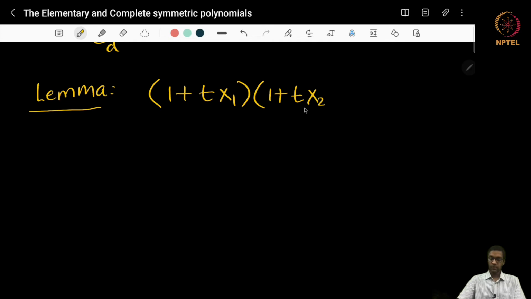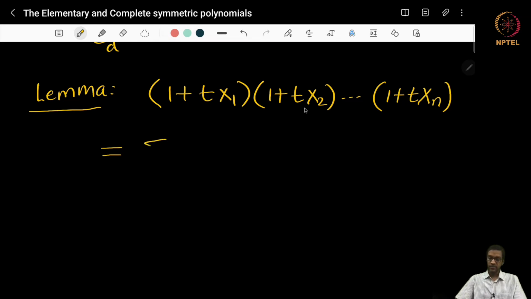It's a compact way of getting all the elementary polynomials in one stroke. It says consider the following product: 1 plus t x1, 1 plus t x2, till 1 plus t xn. Okay, there's one term for each variable, and ask yourself what will you get if you expand this product out.